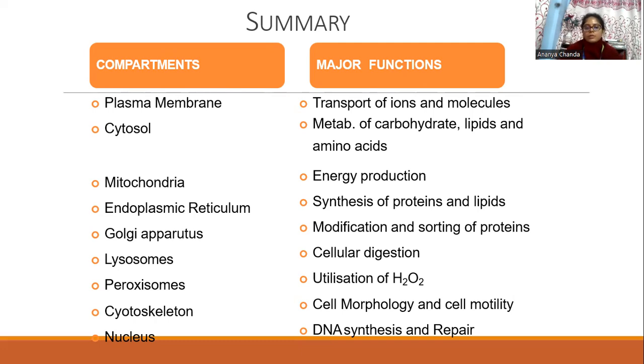The lysosome, the suicidal bag of the cell, helps in the digestion of cellular debris or bacterial components. Next is the peroxisome, which helps in the utilization of hydrogen peroxide, which is degraded or catalyzed to form oxygen and water.